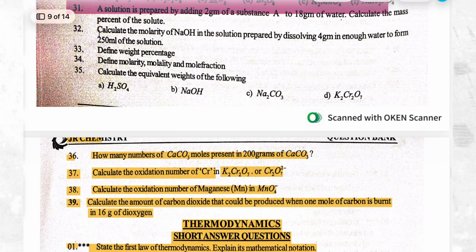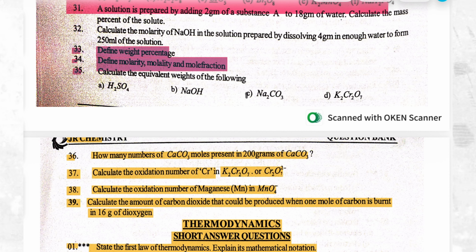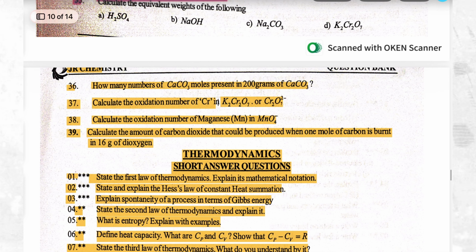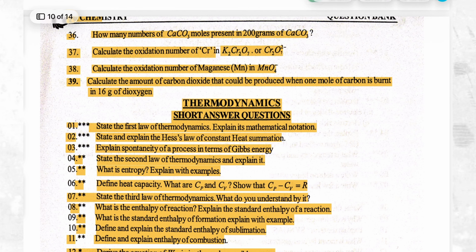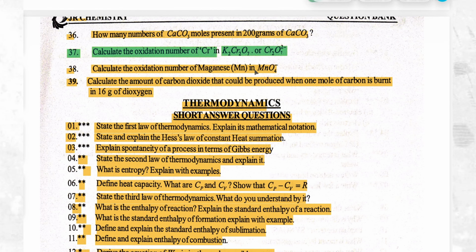And sometimes these two, weight percentage, molarity and mole fraction, are also asked like this. Stoichiometry, you can practice this one. Don't forget. Clear? Okay, students. And this one, 37, is also important: the oxidation state of potassium dichromate and chromate. Previously this question was asked. So don't forget this.